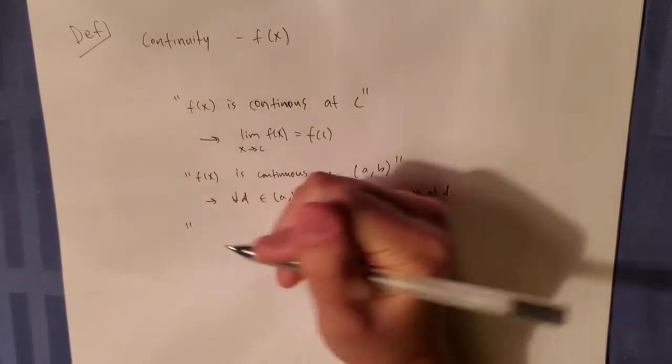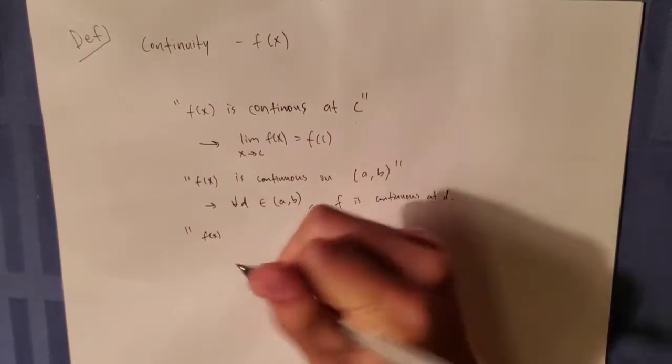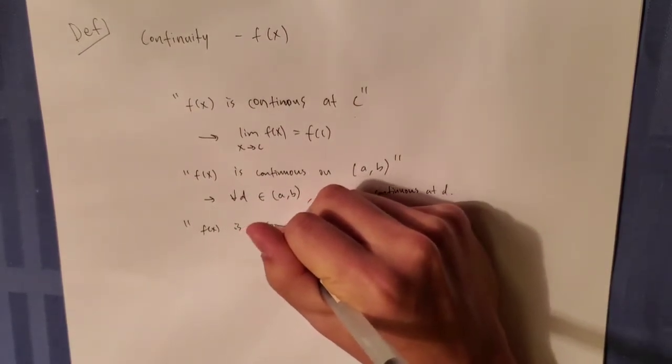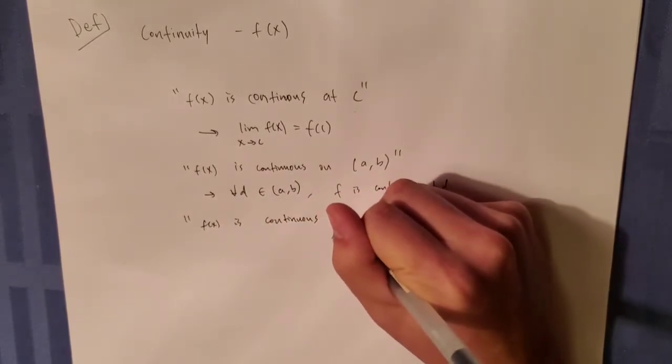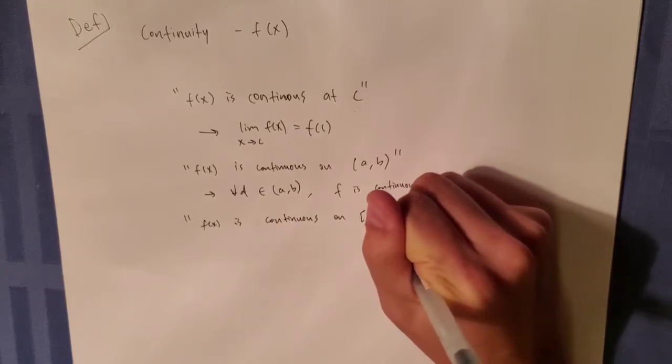Lastly, we have the case where f of x is continuous on the closed interval [a, b].